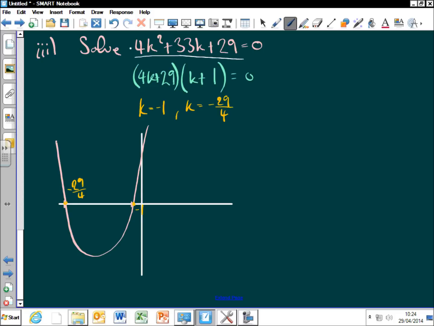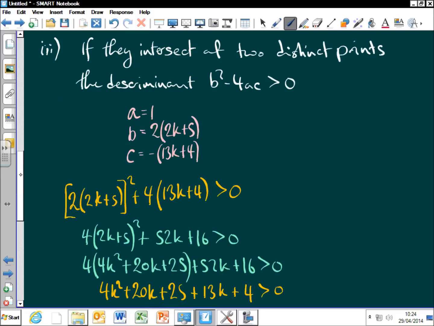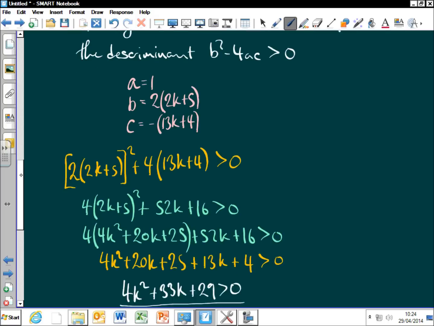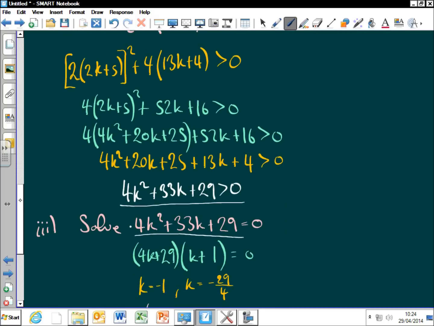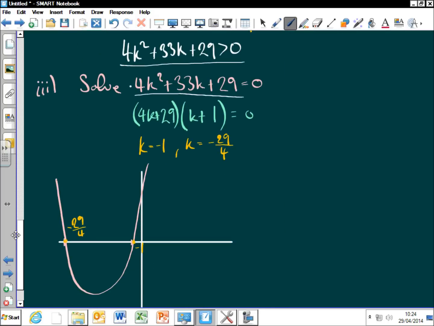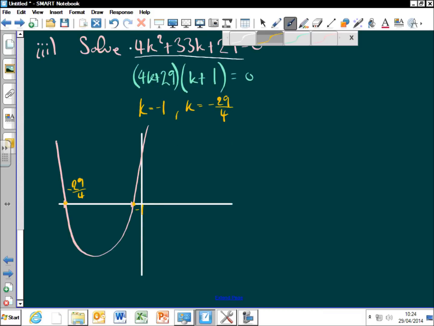And we found the places where it equals 0. But the question was asking us, when is it greater than 0? That's what it asked us to solve. When is this greater than 0? So all I have to do is look at my graph now and say that 4k squared plus 33k plus 29 is greater than 0.